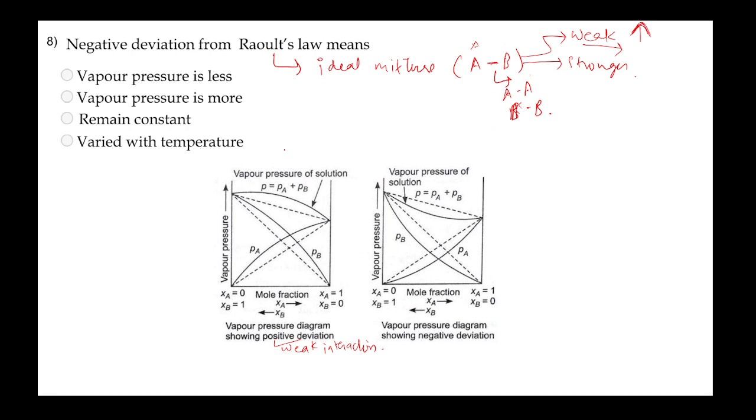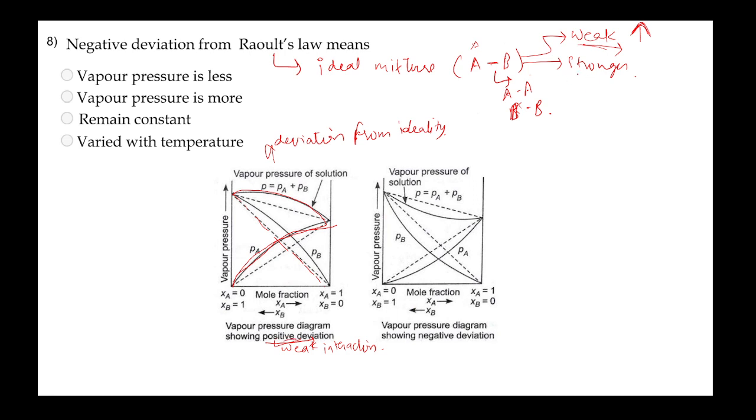This kind of behavior is known as deviation from ideality. So if it has weak interaction, it is known as positive deviation, where the vapor pressure of the system or of each component is found to be higher than what is exerted by the pure component. So in the mixture you will have higher pressures. This is nothing but positive deviation.